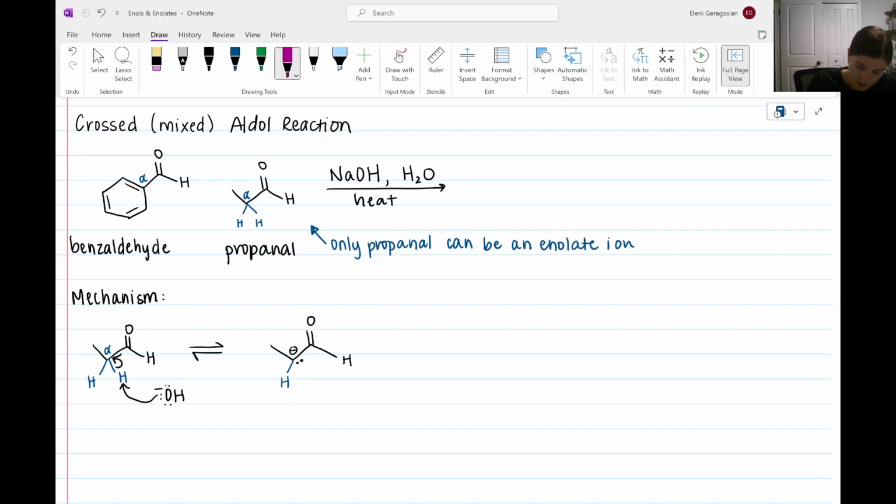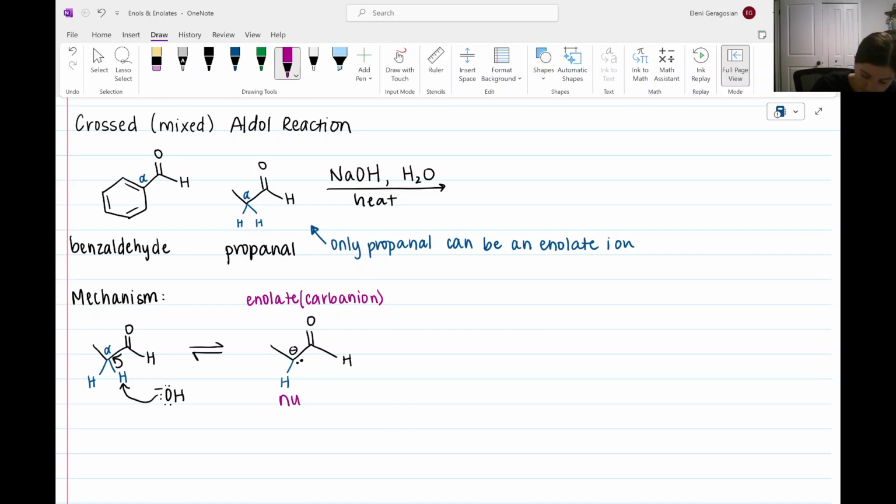So here is our enolate, showing the form with a carbanion, so negatively charged carbon. This is the form that will show in mechanisms. Now we have our carbanion.